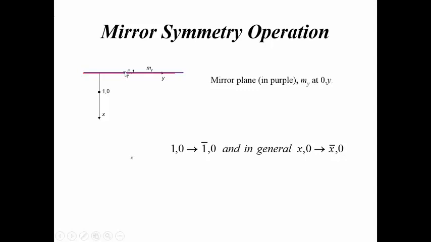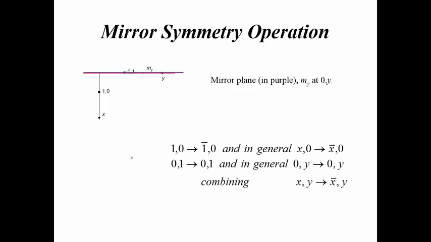Where does y go? You tell me that. Well, I hope you got it right, because y just goes into itself, because the 0, 1 point is just sitting right on the mirror plane. So let's look at that. And so we can just write 0y goes into 0y.